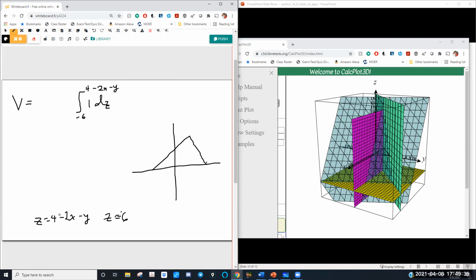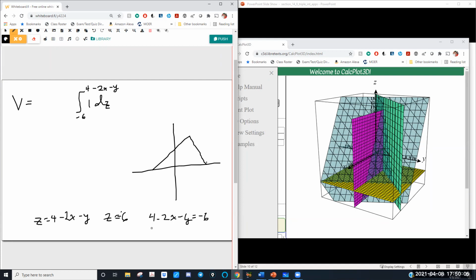So just like we did last time, we can set those equal to each other, and that will give us that line of intersection. So we get 4 minus 2x minus y equals -6. Let's see, what's going to be the easiest? I'm going to put it in an x plus y form because I want to talk about something.